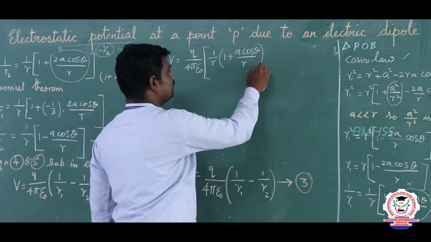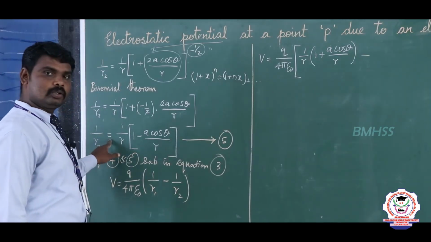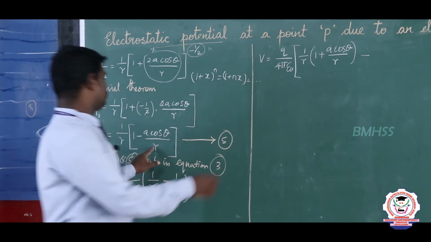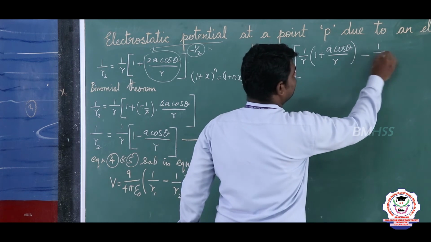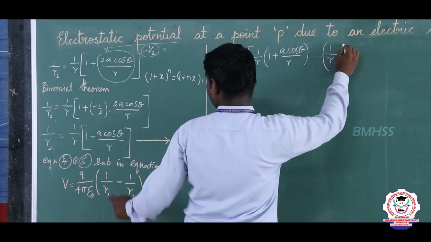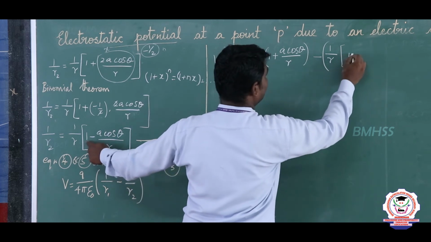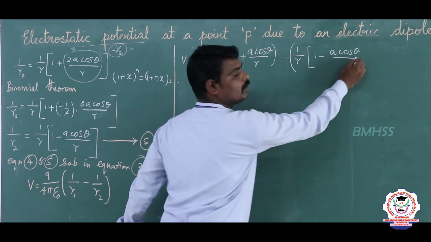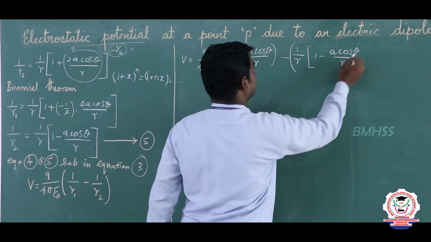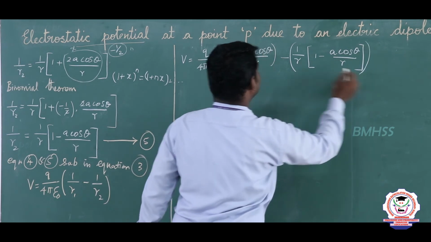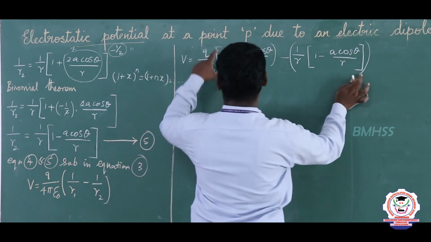Similarly, 1 by R2 is equal to 1 by R into (1 minus A cos theta by R). So substitute here 1 by R, next 1 minus A cos theta by R. Okay, so this bracket is closed and one more bracket.